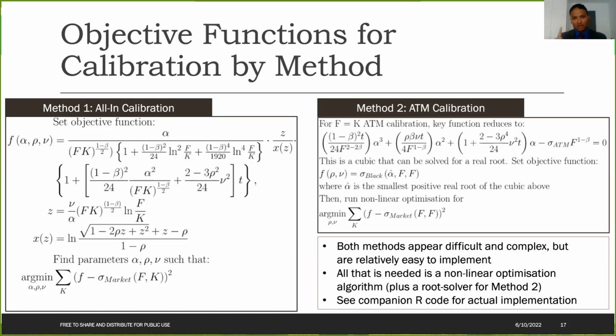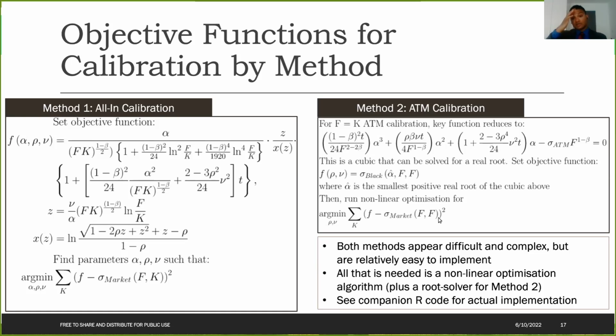And because alpha is always positive, in this case, this cubic equation must have at least one positive real root, which means that our job is made substantially easier, because all we have to do is come up with a schema that finds the smallest positive real root of the cubic. This is exactly what is implemented in the R code itself. All you have to do is find this real root, plug it back in to this whole equation. Your alpha hat goes back in here. Everything runs through the same way.